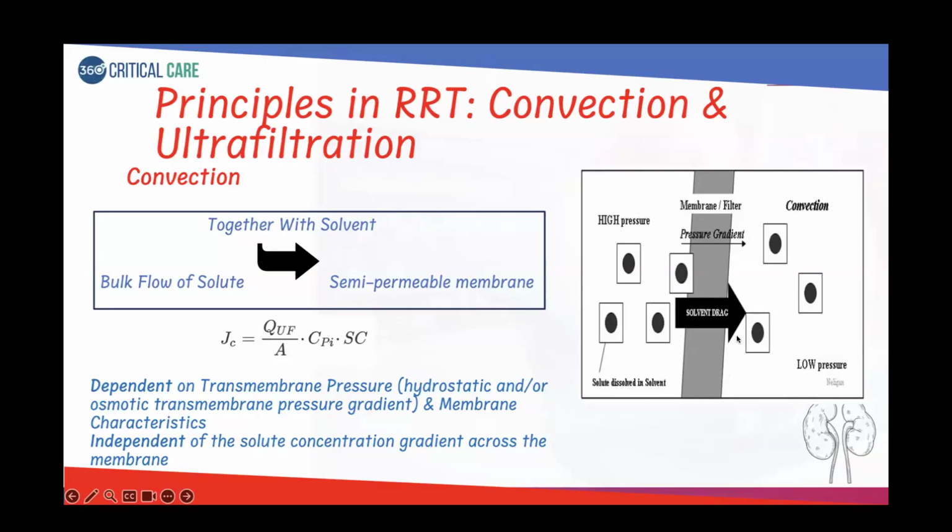Whenever there is a movement of fluid from a high pressure to a lower pressure area, there will be drag of some of the solutes along with the fluid, which is called solvent drag. This is dependent on the transmembrane pressure. We talked about that, hydrostatic and osmotic transmembrane pressure gradient, and the membrane characteristics. It is independent of the solute concentration gradient across the membrane.